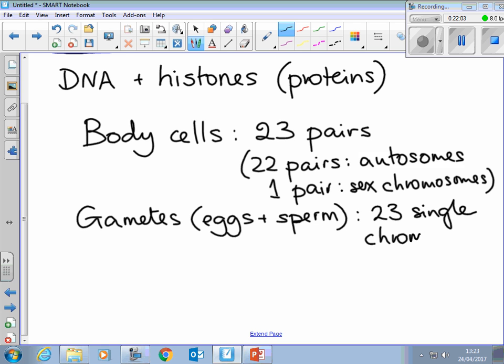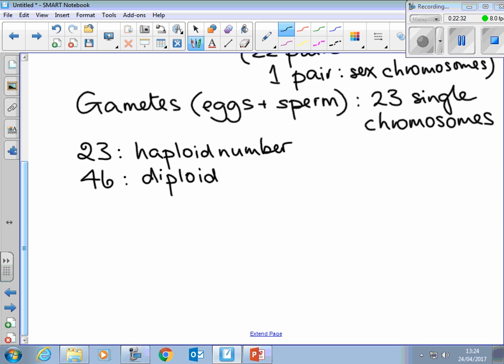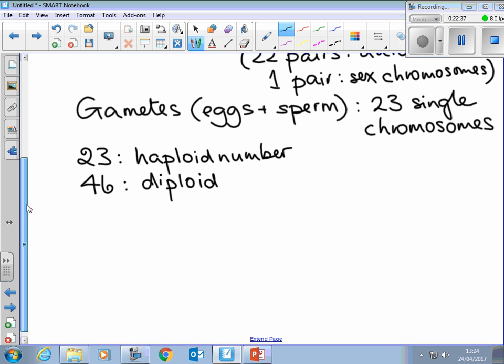I just need to get some of the terminology out here before I can start actually describing them. This is the problem I've got. All right, so 23 is our haploid number. And 46 is then what we call diploid. So doubled, if you like. It's rather odd. Those words almost look like double and half, and you never have a single word in there.